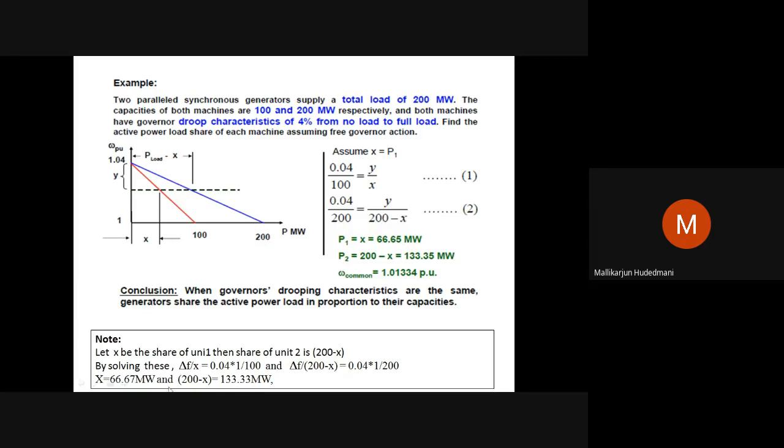You can see the second machine is sharing exactly double the power, and the first one shares half. That is the meaning that in an electrical power system, whenever devices are in parallel, the sharing of load or disturbance is proportional to their capacity and characteristics. This is a very specific relationship.